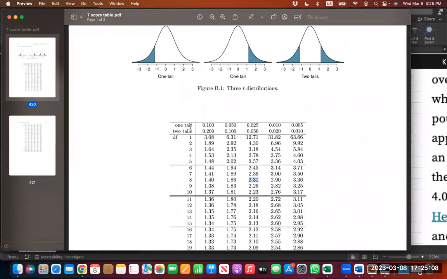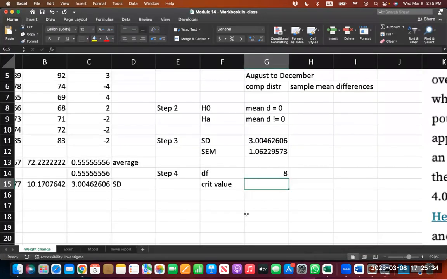Again, make sure that you memorize how to read the t-score table. You have the degrees of freedom here as the first column. You have one-tailed or two-tailed here on the upper 2 rows. If you go for a two-tailed 5% alpha, you find with a degree of freedom of 8 a corresponding t of 2.31.